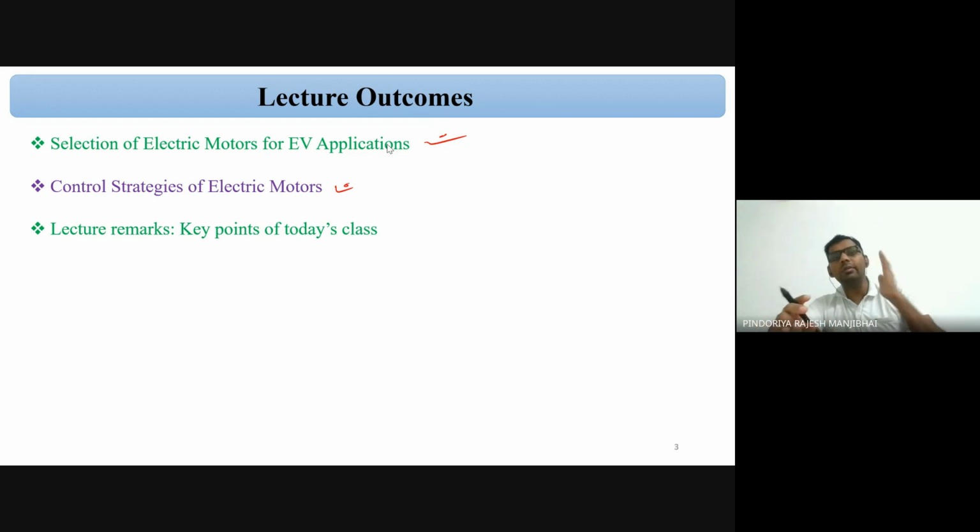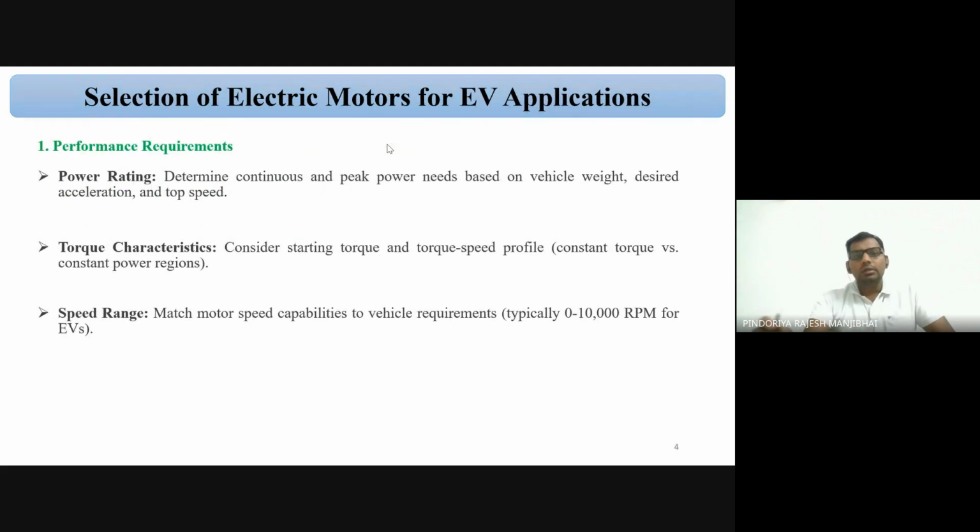So today we are going to see the overall control strategy as well as the selection of electric motors. What type of parameters do we have to consider while selecting electric motors? We have to consider multiple parameters. The first one is the performance requirement.